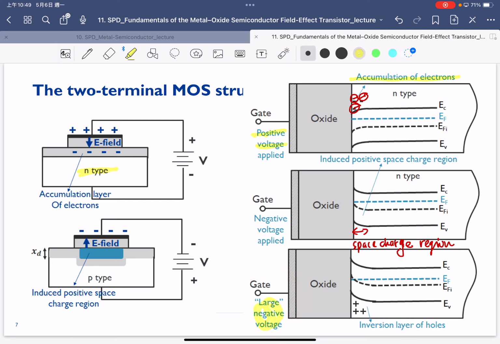Then we start to have the inversion of the holes. So the ideas here are completely opposite compared to the p-type, and the n-type has accumulation of electrons with inversion of holes here.